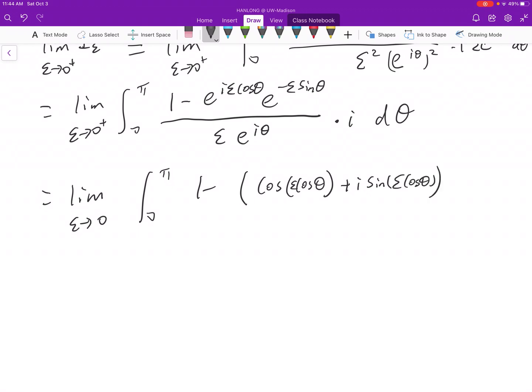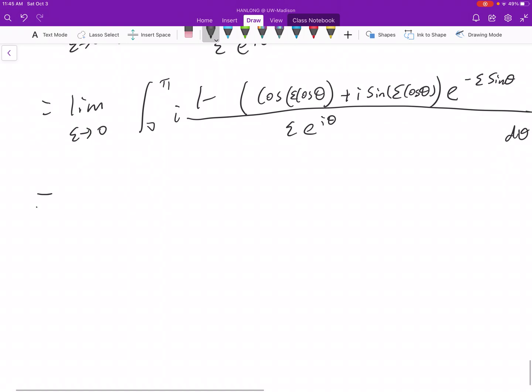Of course, you can directly expand exponential i epsilon cosine theta by the Taylor expansion for the exponential function. Here I use a slightly different way. And the other part I keep as is, epsilon e^{iθ}, with the extra factor i d theta.